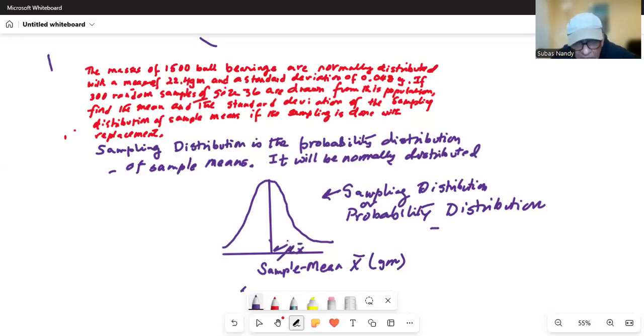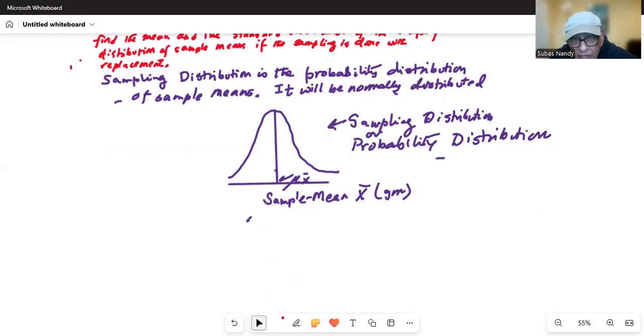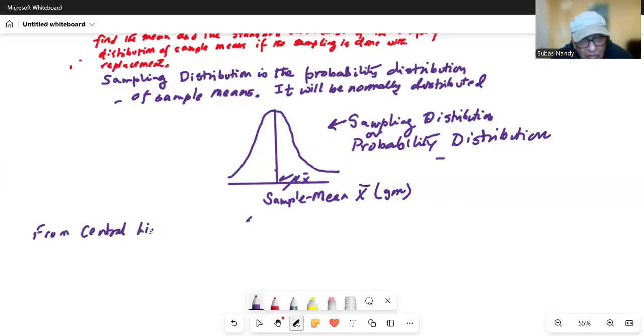Okay. So if I move this a little bit up, from the central limit theorem, with n greater than 30 sample size, any sample size.